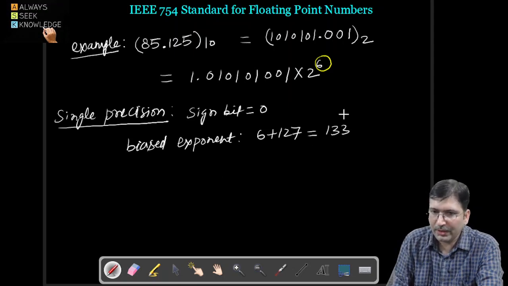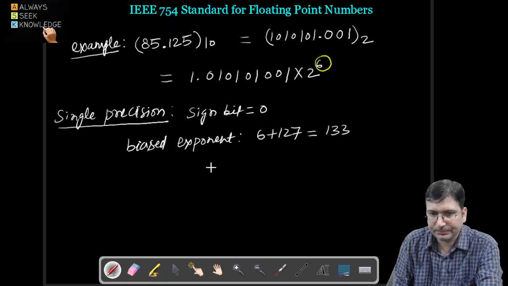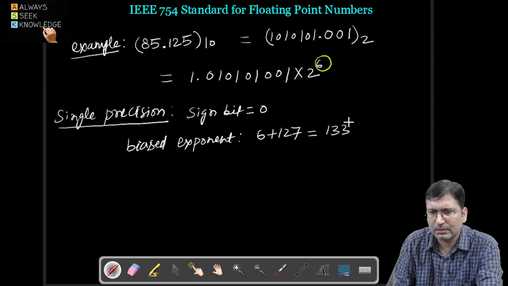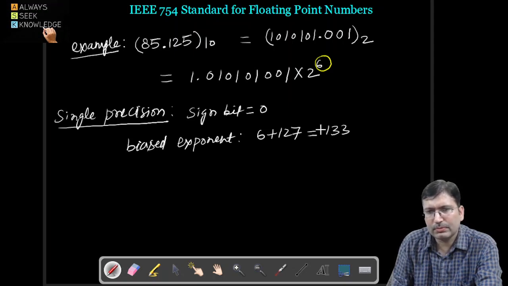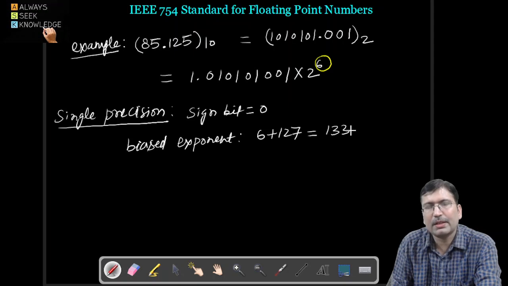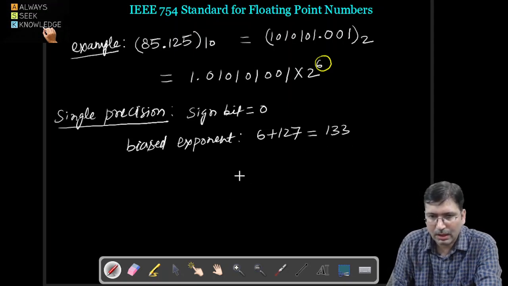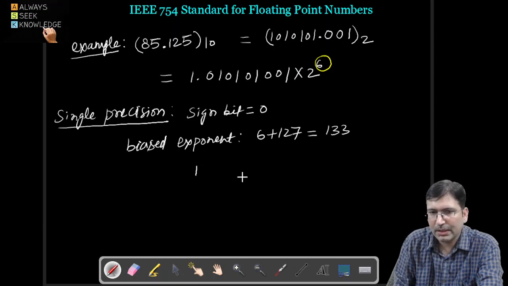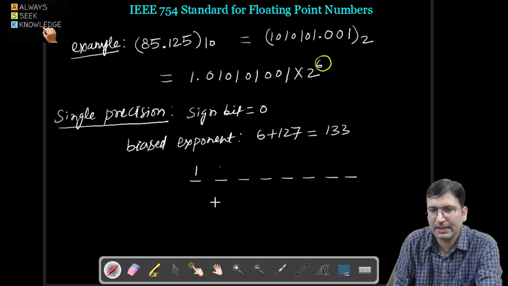So if we convert this 133 into binary, you can follow the same process. Or otherwise, when you want to represent this 133, how can you represent it? You can have an 8-bit representation. Let's say there are 8 bits.